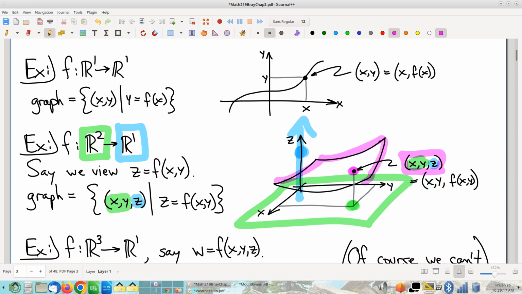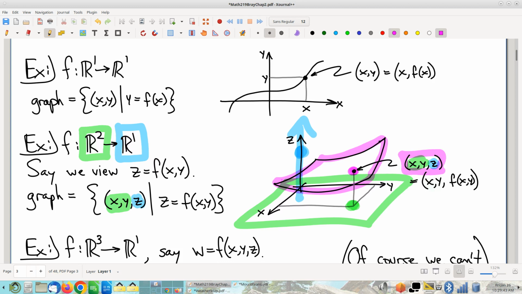This resulting thing, the dimension of the graph itself, therefore should be the same as the dimension of the domain. Right, so that's why, because we have a two-dimensional domain here, we should expect, and it turns out to be the case, that the graph is a surface, which is an intrinsically two-dimensional thing.